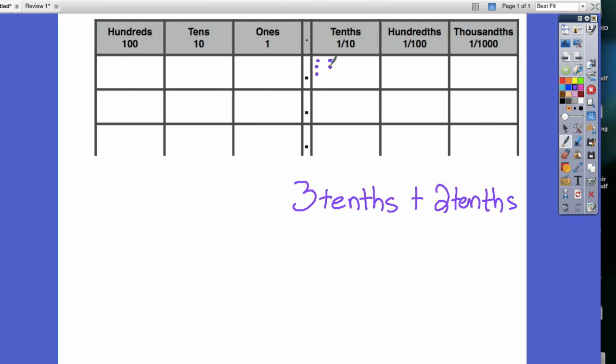So I have 3/10 and 2/10. Well, how many total discs or dots do I have in this section? 5. So 3/10 plus 2/10 equals 5/10.